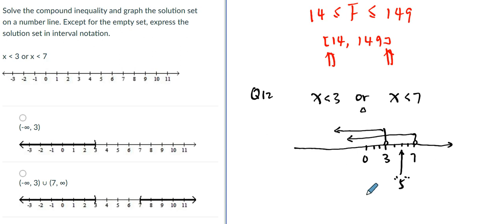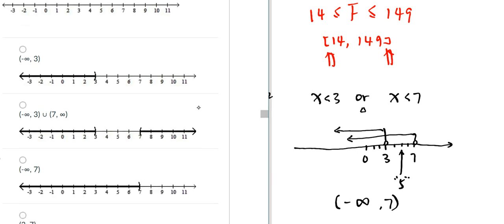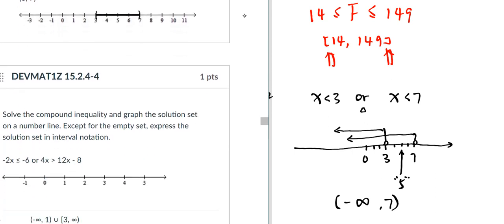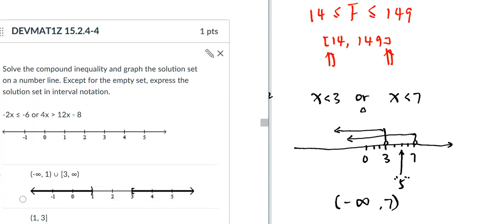So in this case, you want to combine those 2 together. You should choose less than 7, not included, all the way to the left. That will be our choice. Okay. So in this case, 1, 2, 3, 4 options. The third option should be the one we wanted.